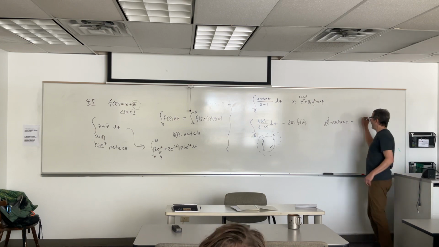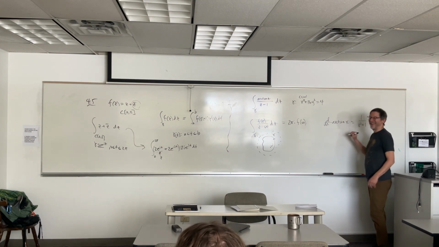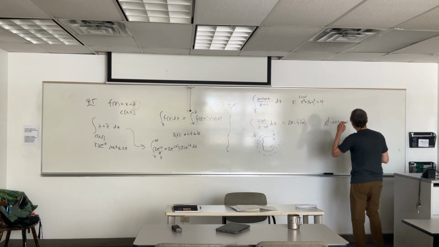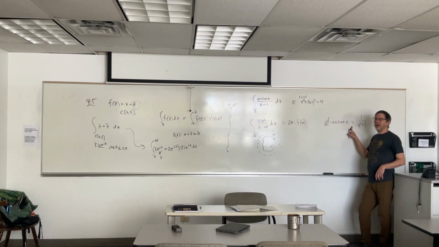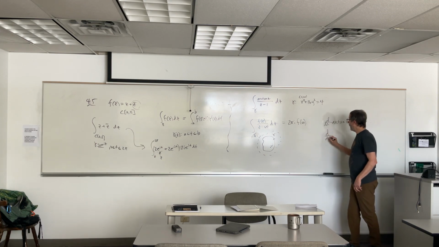No. Okay, that's okay. I knew it was of the form 1 over something. Yes, that's good. It's 1 over 1 plus x squared. Is it the square root of 1 plus x squared? 1 over the square root of 1 plus x squared? No, that's arc sine.